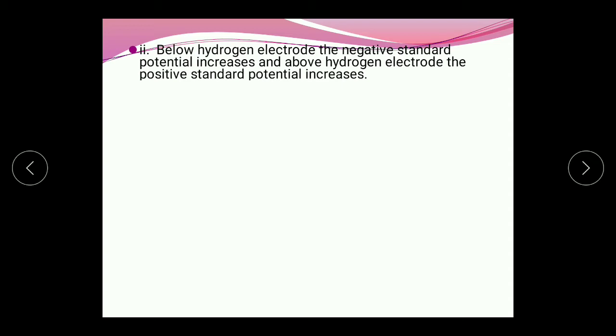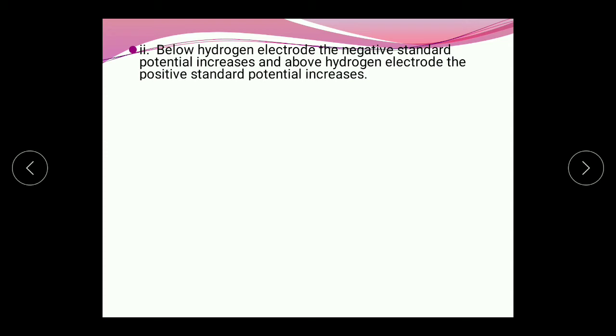That means the element which has the highest tendency to undergo reduction will be at the top of the series, and that is naturally fluorine. Fluorine is the strongest oxidizing agent. What is an oxidizing agent? The one which brings about oxidation by undergoing reduction itself. So fluorine is the strongest oxidizing agent. It has the highest positive standard potential value. Hence it is at the top.